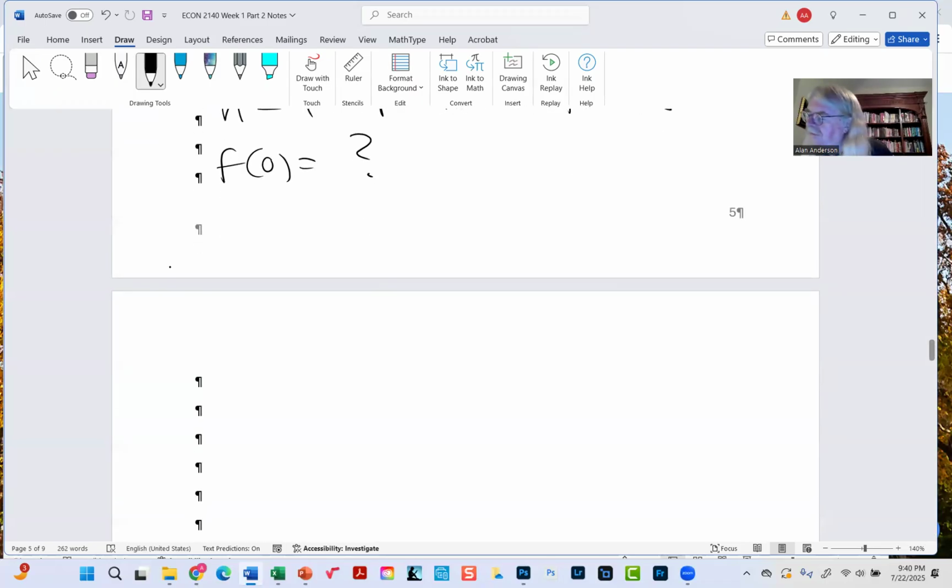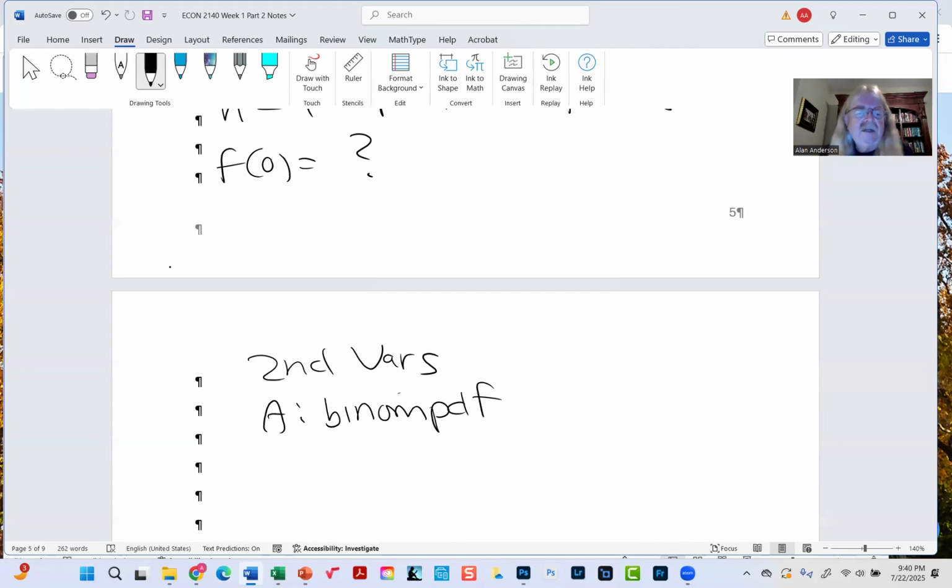You're going to hit second, and then the button is labeled vars. By the way, it's up here by the arrow keys. Okay, second vars. Then you scroll down until you get to, in my case, letter A. It might be different on yours if you have a slightly older calculator. As long as it says binomPDF, you're good. Now, if you notice directly below it is binomCDF. We'll get to that one later on. Right now we're using binomPDF.